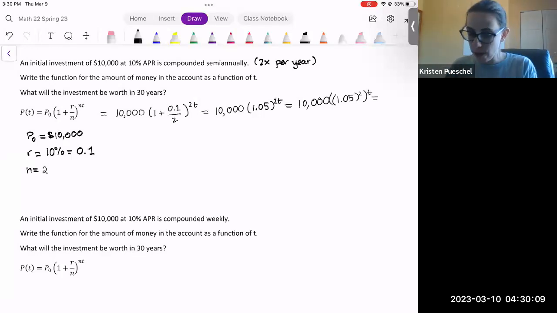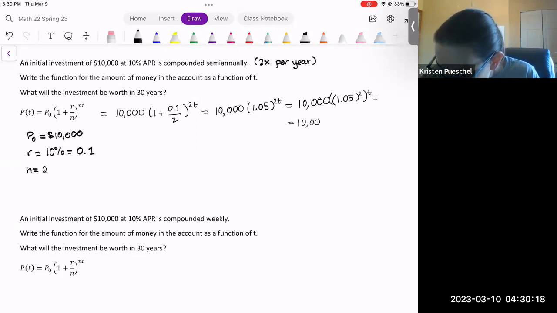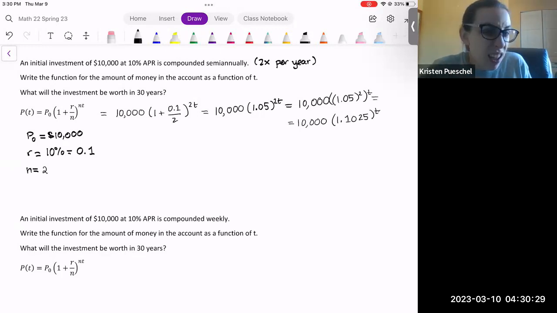Let's give this to our calculator. 1.05 squared tells us how much we expect to make in 1 year. So we're going to make a little bit more than 10% in a year. We'll make 10.25%.